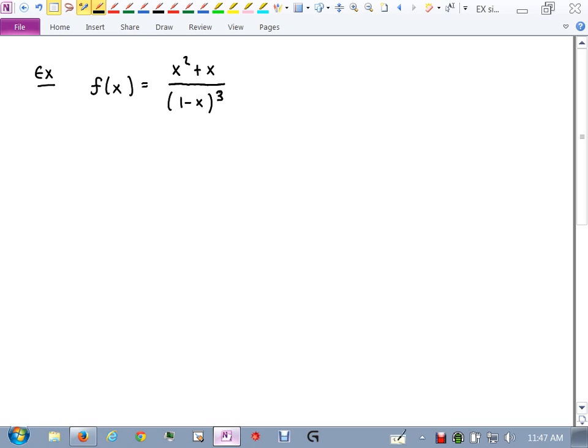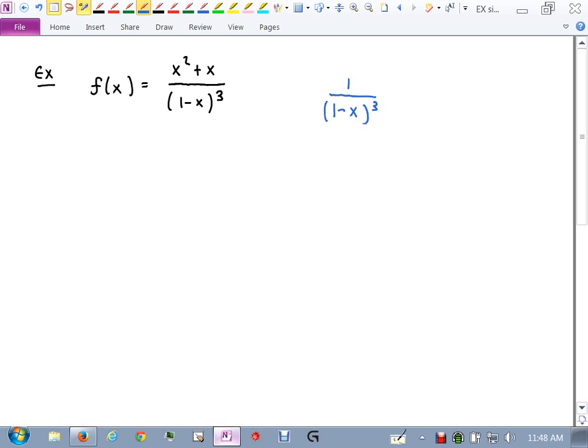So I think what I'll do is work a little bit quick through this, because you've kind of seen a little bit of this. I want you to notice that if I look at just the denominator, 1 over 1 minus x, we did something very similar to that a while ago, but we had 1 over 1 minus x squared.